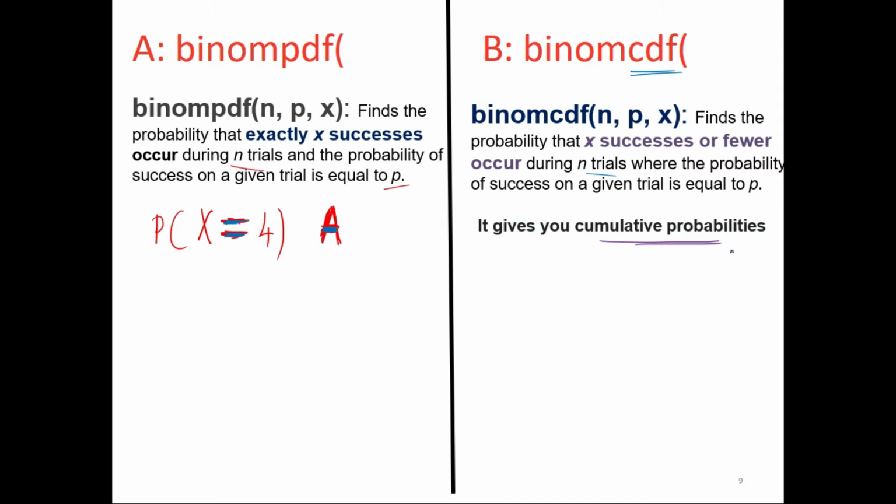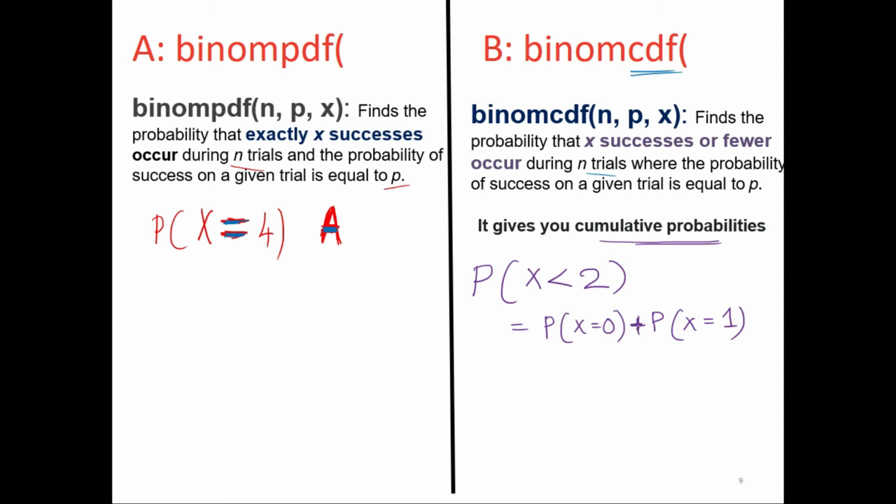Now it gives you the cumulative probabilities. What do you mean by cumulative probability? For example, if you're finding the probability of x less than 2, that means you're finding the probability of x equal to 0 plus the probability of x equal to 1.